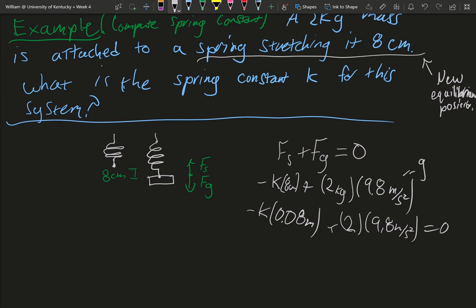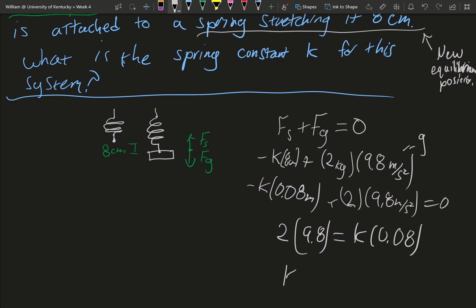Okay, so we can move that to the other side. So we have 2 times 9.8 equals k times 0.08. We divide through: k equals 2 times 9.8 over 0.08.